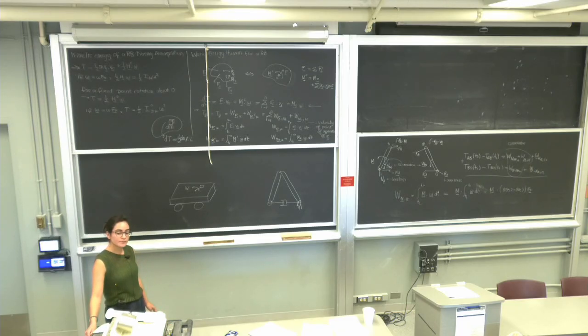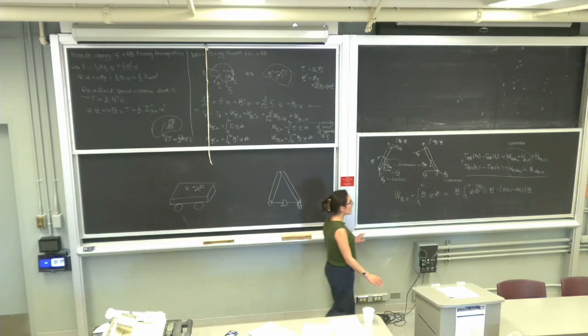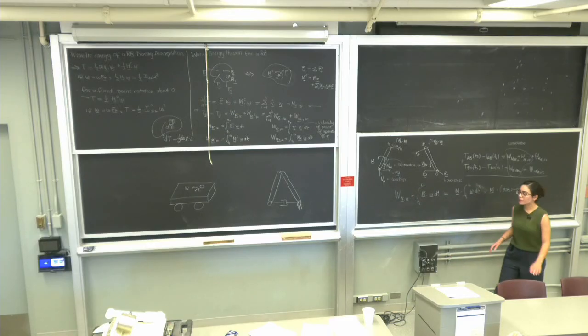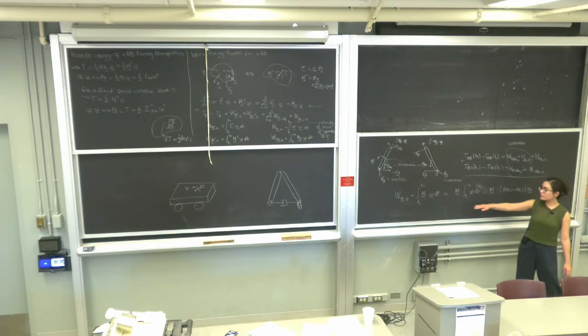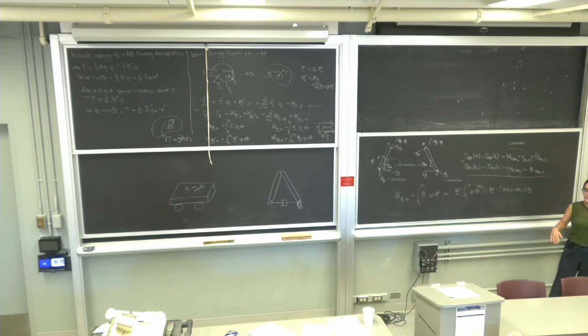Okay. I'm asking because I'm still a bit confused why the motor is considered conservative. By definition, a conservative force or a conservative moment is derivable from a potential. So I can say that the work of this moment is just the potential at time t2 minus the potential at time t1.